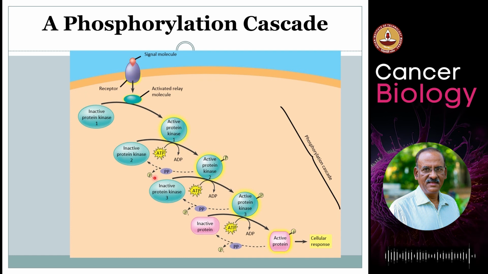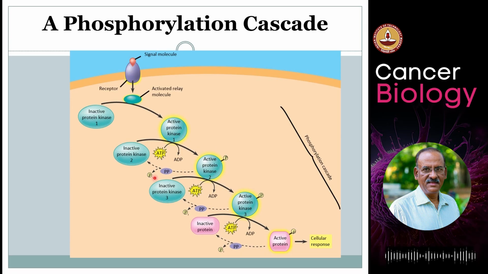That is, in other words, the first kinase gets activated by phosphorylation, and kinase 1 now phosphorylates another kinase. By this phosphorylation, it activates a kinase. All the kinases shown in this example are activated by phosphorylation. So one kinase activates another kinase, and that activates another kinase, that activates another kinase. This is called phosphorylation cascade.